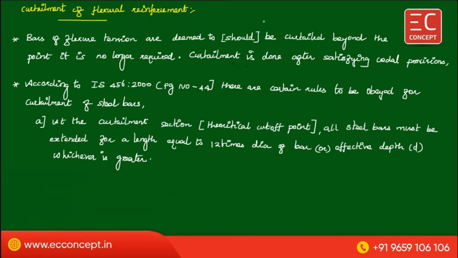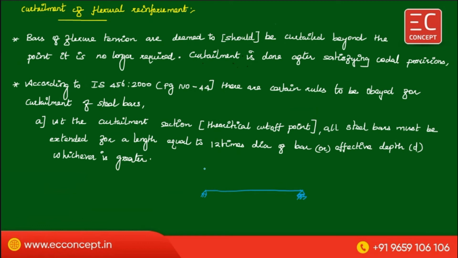You know what flexural reinforcement is? Flexural reinforcement means the reinforcement which is used under flexure. We don't want to use the reinforcement throughout the length, since the bending moment diagram is maximum at the center.